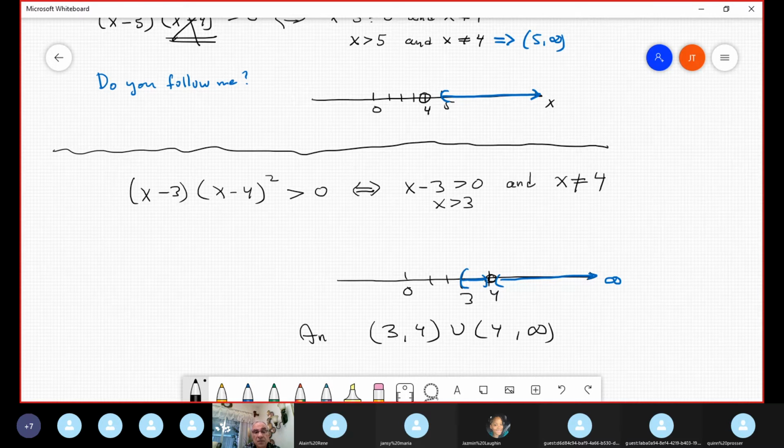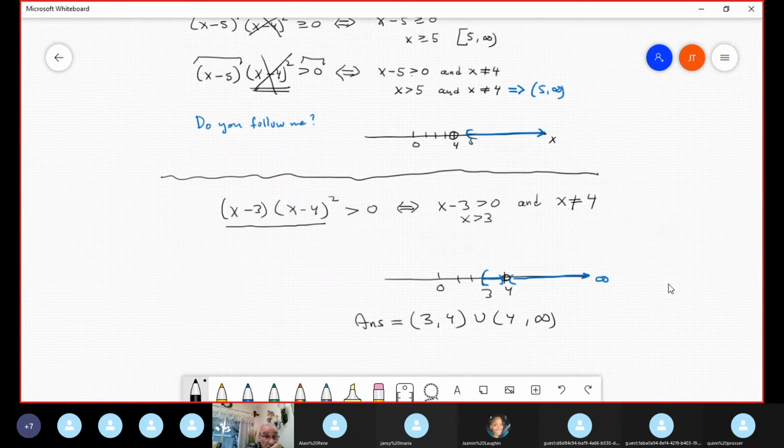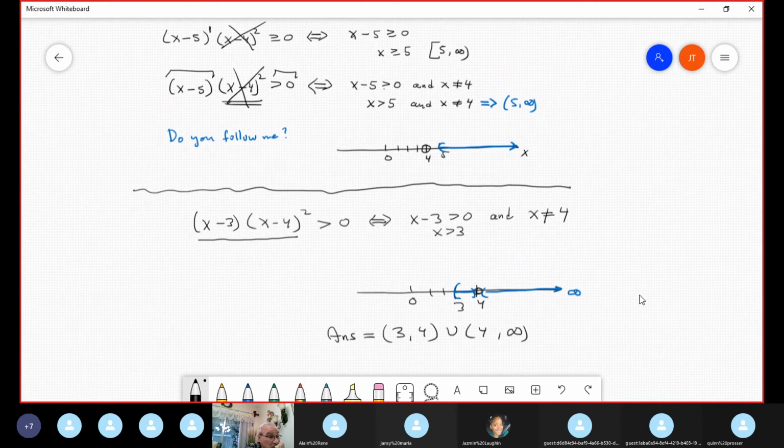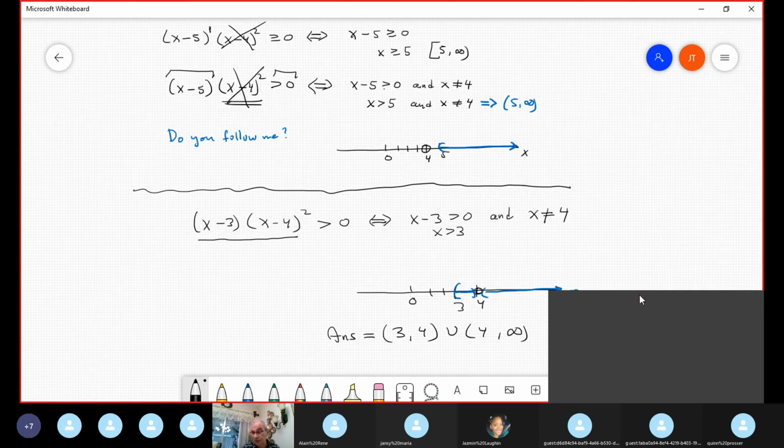This is the answer for this inequality. Do you understand the idea? Come on, guys, this is the moment to ask me any question.